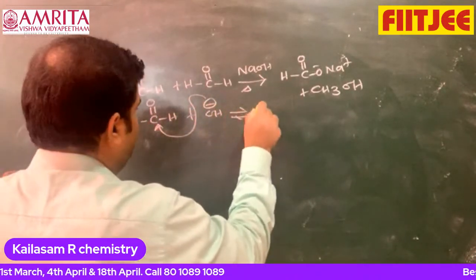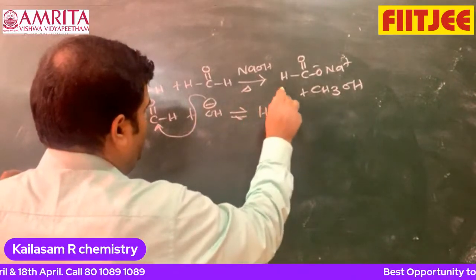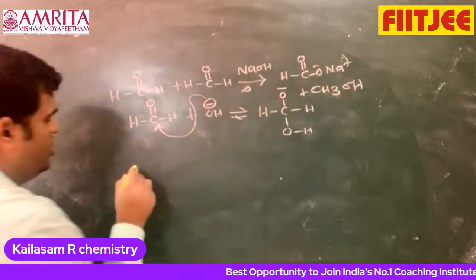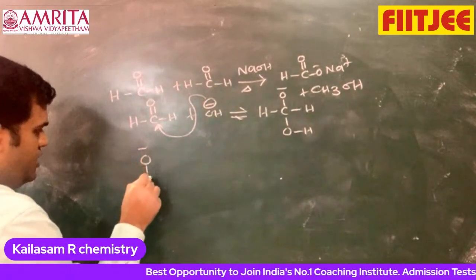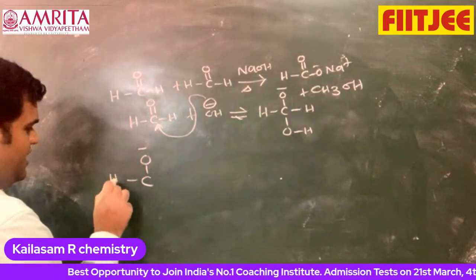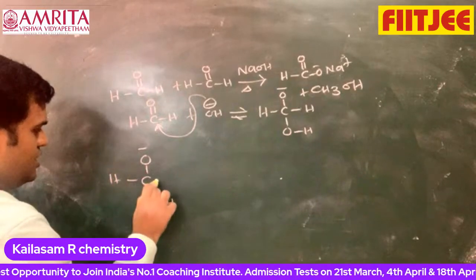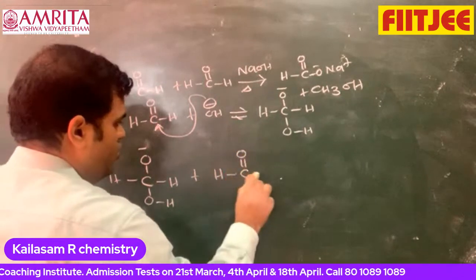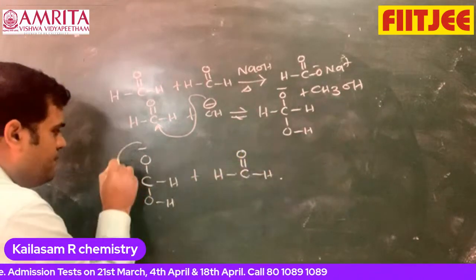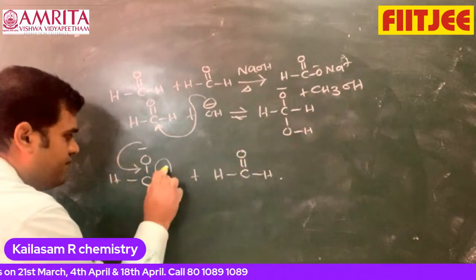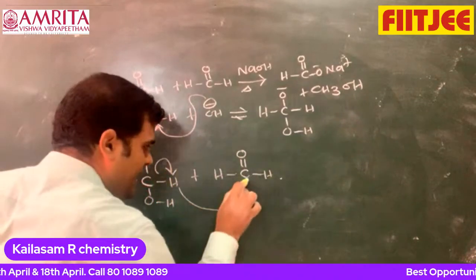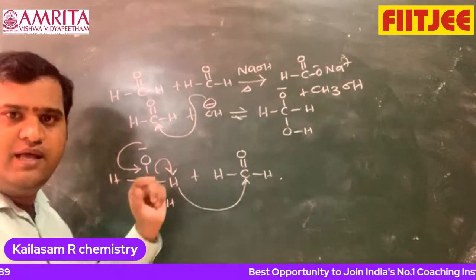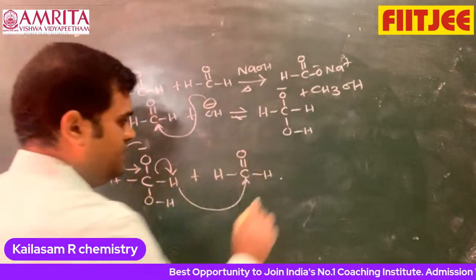I can write H, C, O minus, OH, and here is another molecule, O minus bond C, H. Then the minus comes, and this minus can attack here. This is called hydride transfer. The hydride transfer is the slow step.